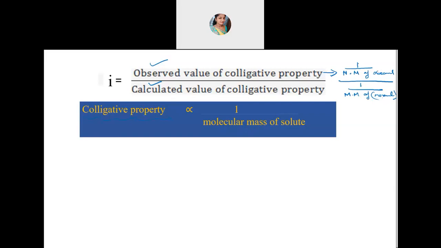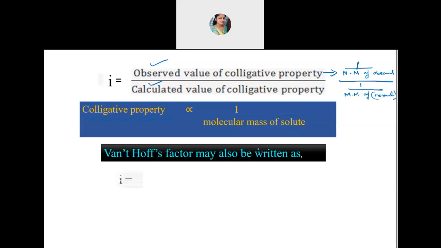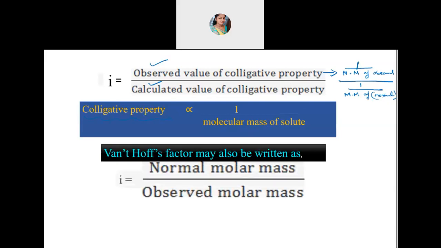So if you substitute 1 divided by observed molar mass, then 1 divided by the theoretical one, and convert, you will get normal molar mass divided by observed molar mass. Able to understand, students, what conversion I did? So your formula will change. In terms of molar mass, the calculated one will come up and the observed one will come down because they are inversely related.